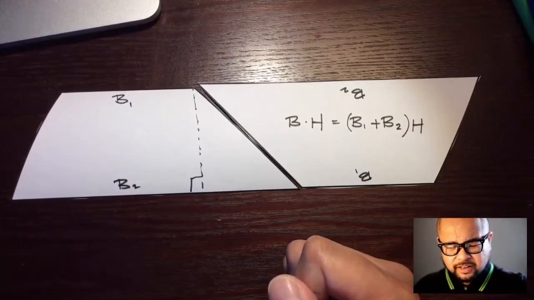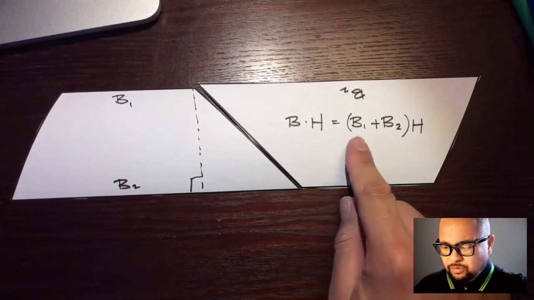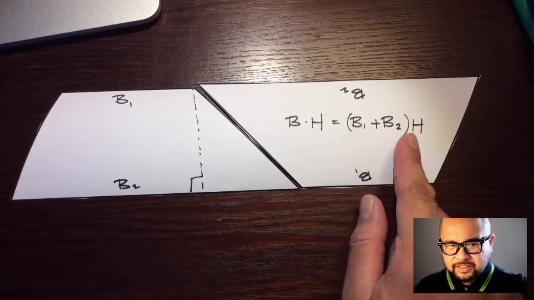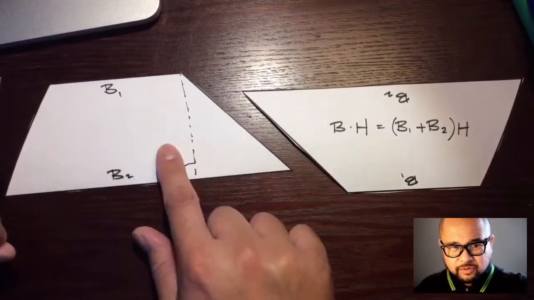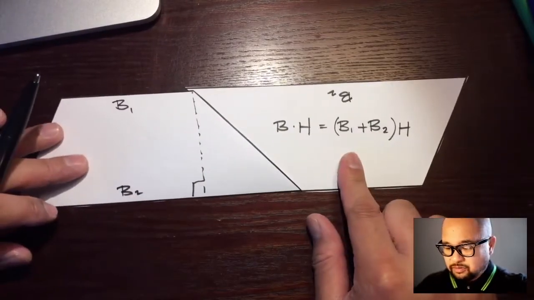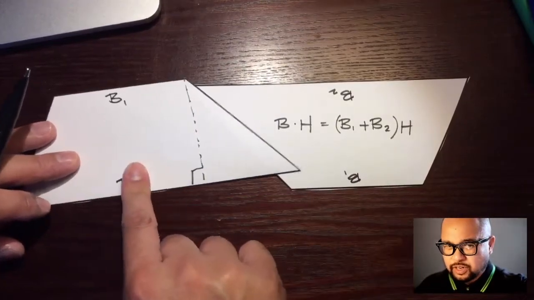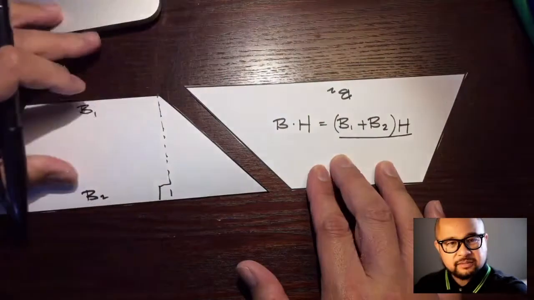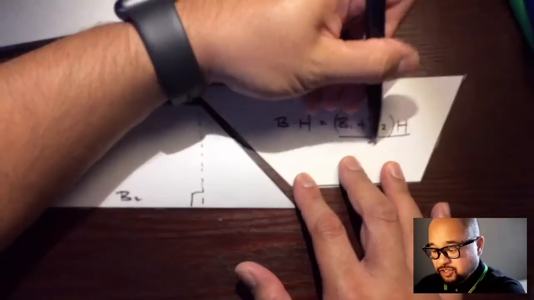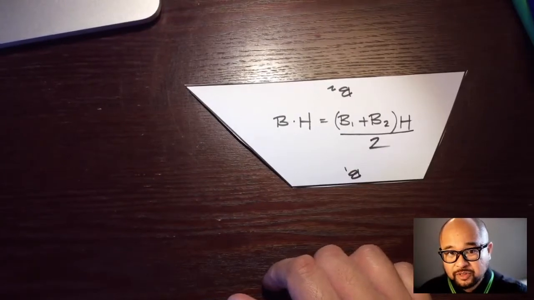Remember, our goal was to find the area of a trapezoid, not a parallelogram. So what do we do with this formula to find just the area of this one trapezoid? Well, remember, we've got two trapezoids to make a parallelogram, but we only want the area of one trapezoid. So let's take this formula and divide it by 2, because we only need one trapezoid.